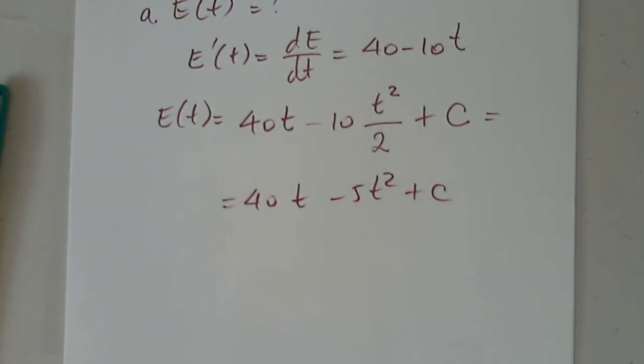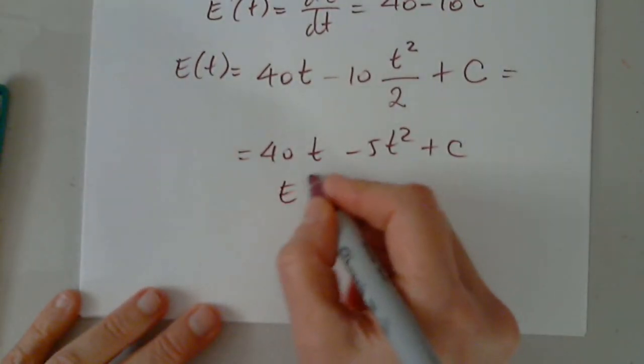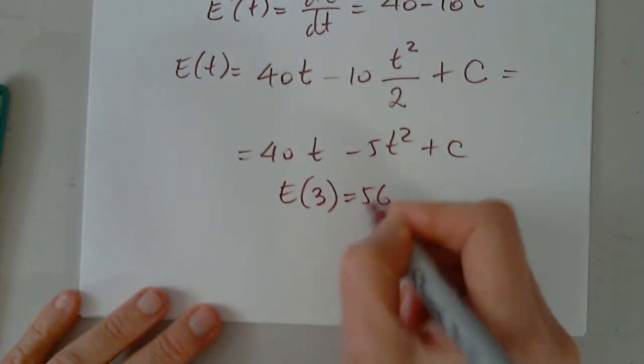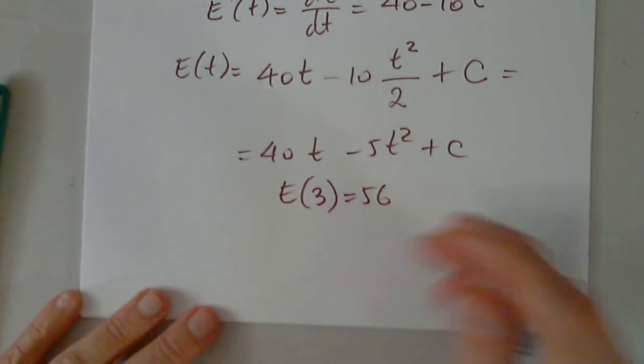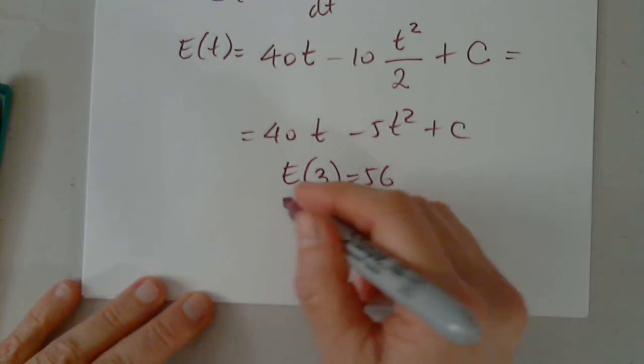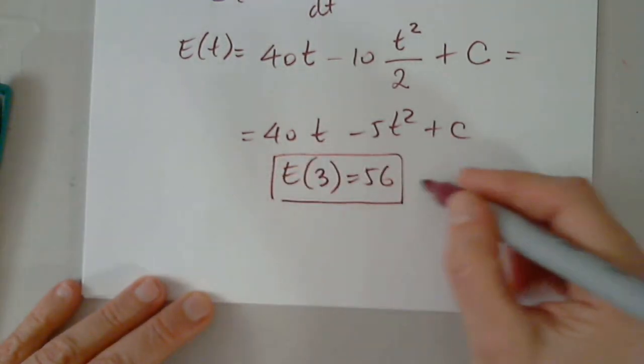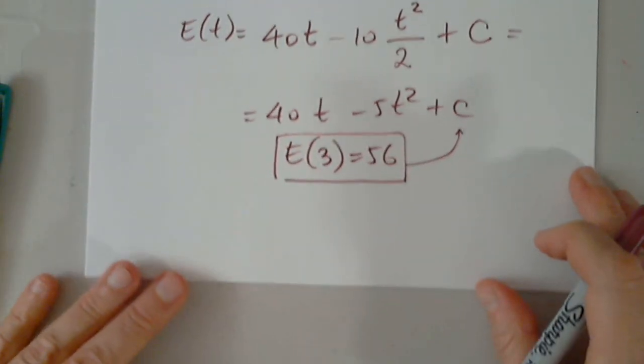And now it says, find E of t given that the operator's efficiency after working 3 hours is 56. So we are told that E of 3 is 56, 56 in percent and 3 in hours.